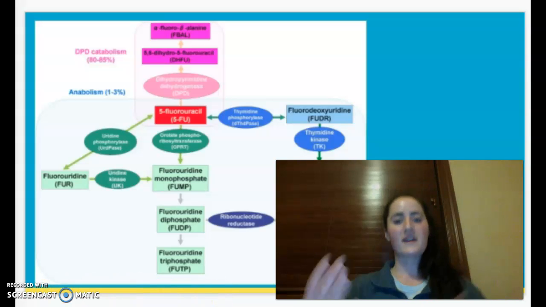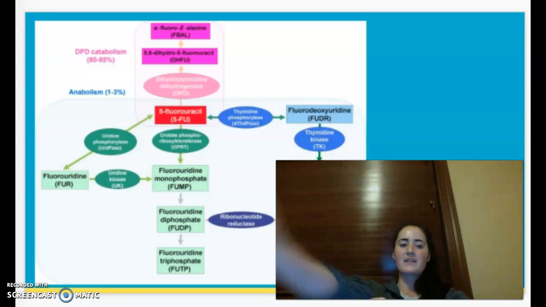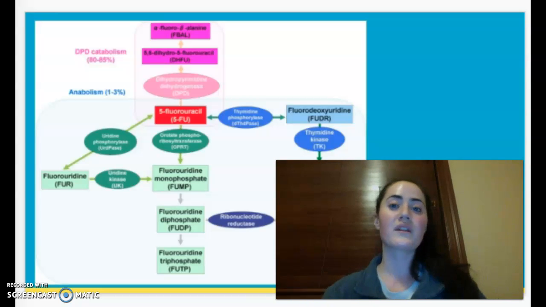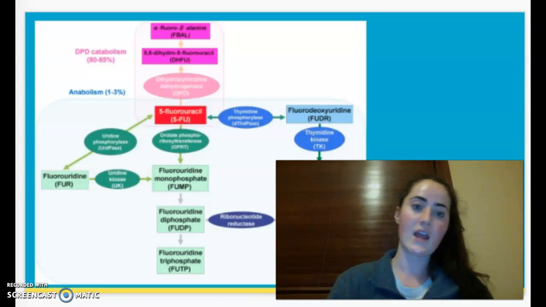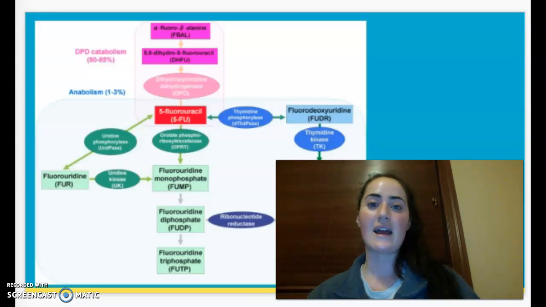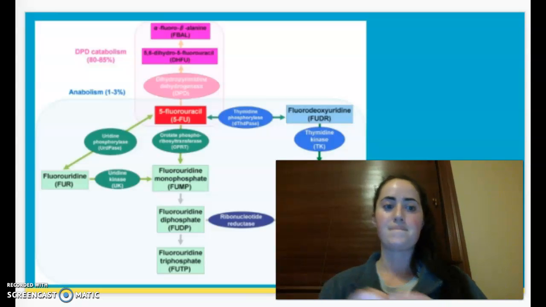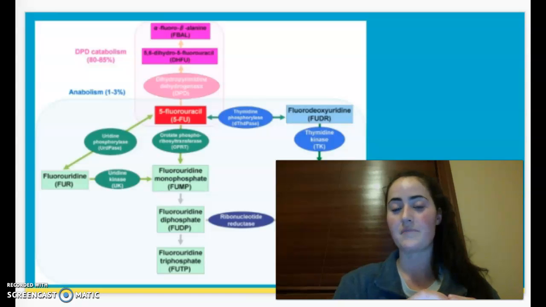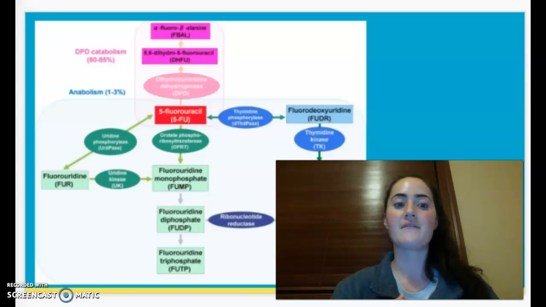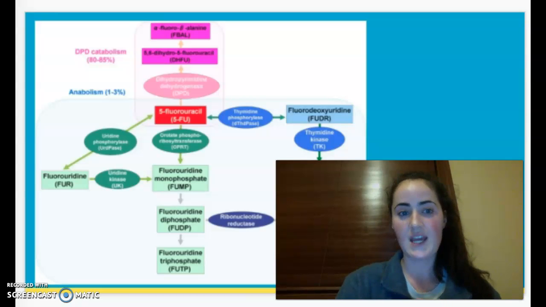So in terms of the mechanism, like we said, 5-FU interferes with the nucleoside metabolism, and it's incorporated into RNA or DNA, and as a result leads to cytotoxicity and cell death. Now, the first thing that's going to happen when 5-FU enters the cell is it's going to be converted into what's called FdUMP.